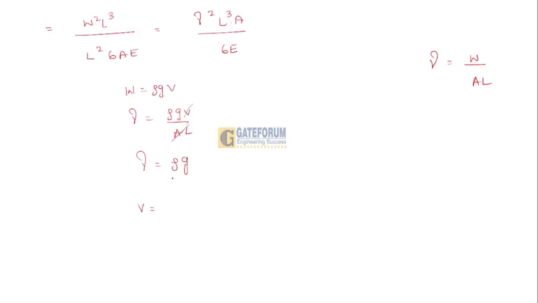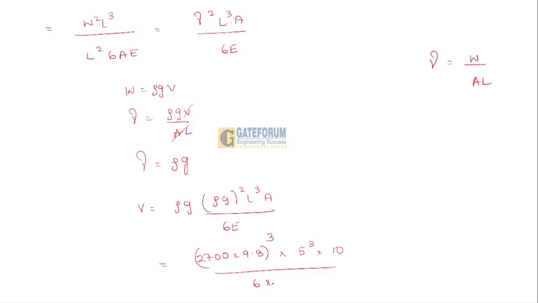So substitute back: U equal to rho G square L cube A by 6E. From there, 2700 into 9.8 whole square, because it is rho G square, length 5, area 10 by 6 into E, 70 into 10 power 9.